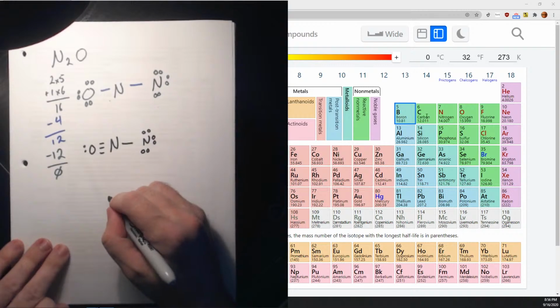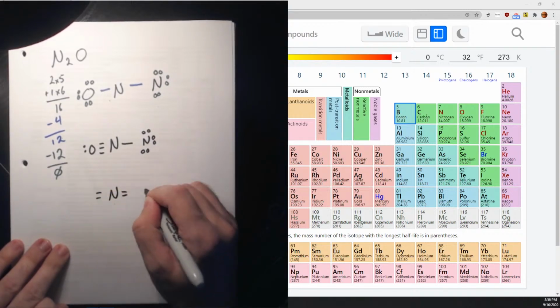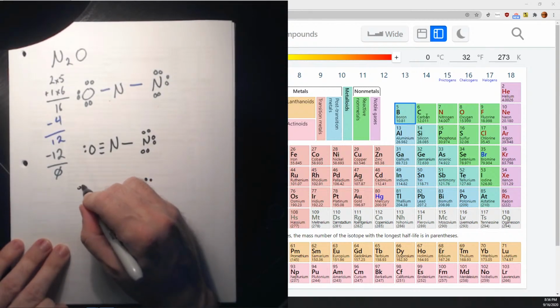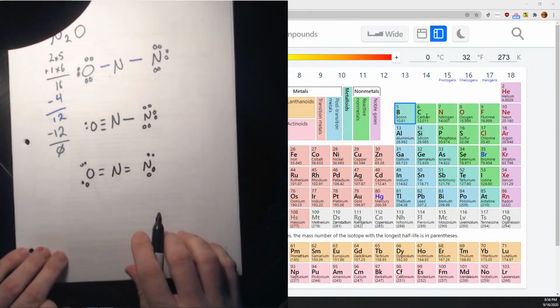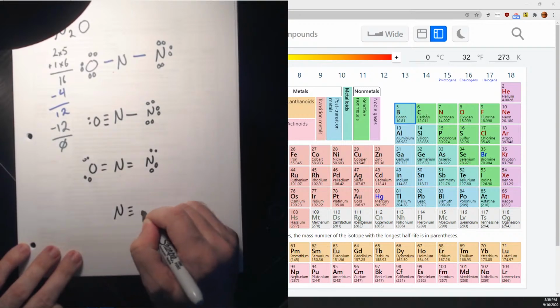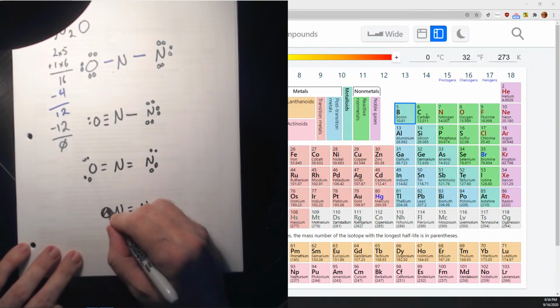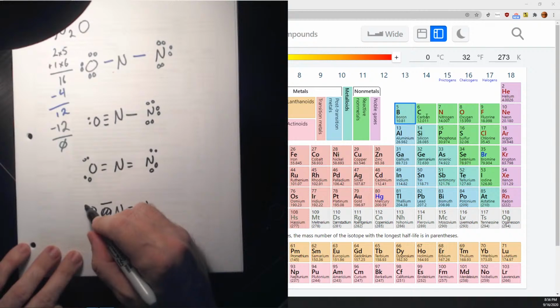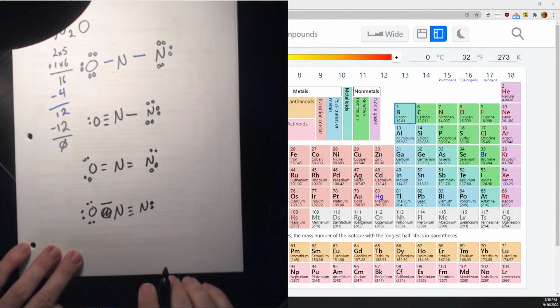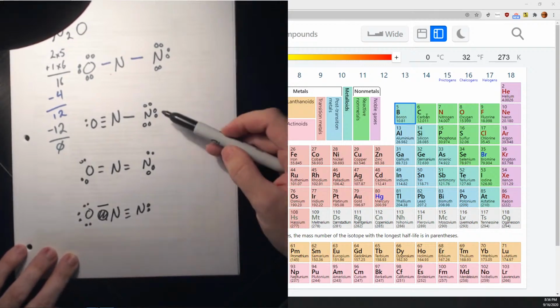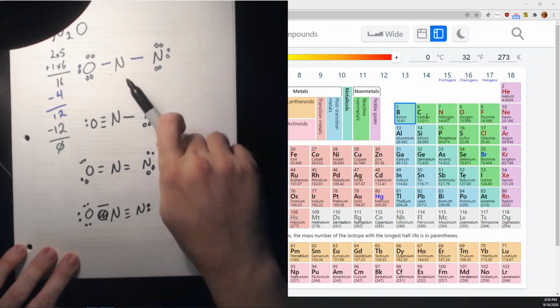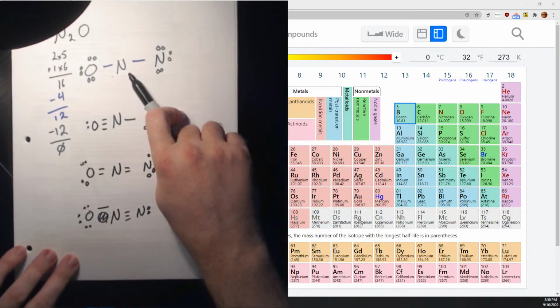Another is nitrogen double bound to each of those guys, with each of them having 2 lone pairs. Or we can have the triple bond on the other side, triple bond to nitrogen, single bond to oxygen. So oxygen has 3 lone pairs, and this nitrogen has a single lone pair. So we have 3 possible structures just by having nitrogen in the middle.